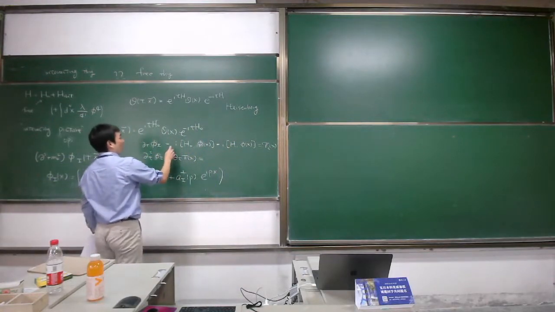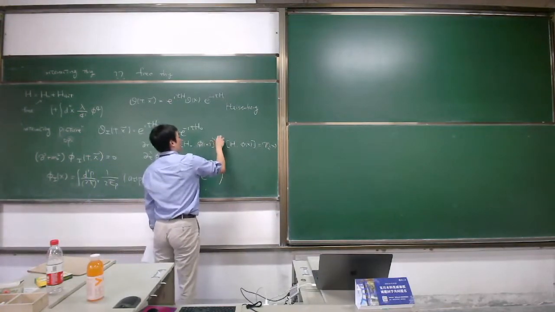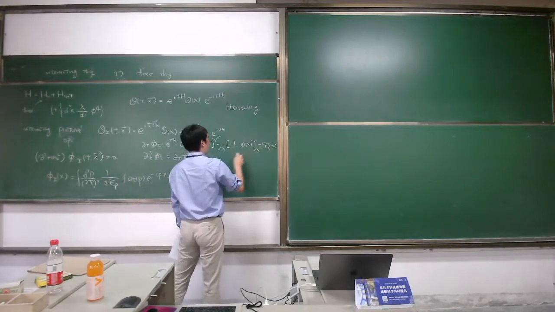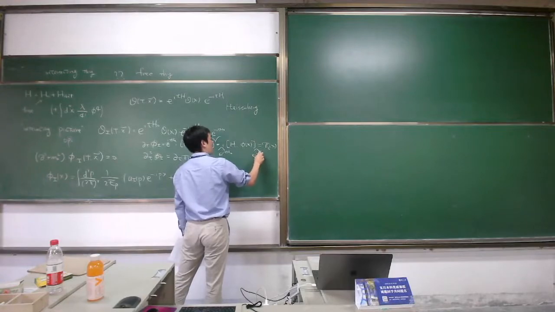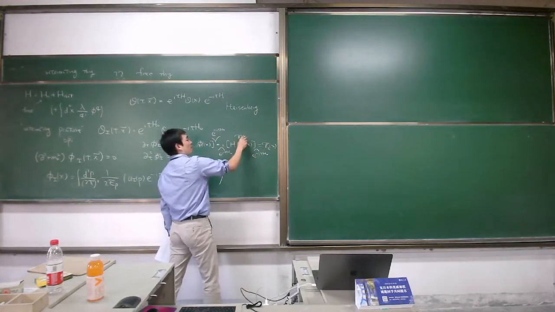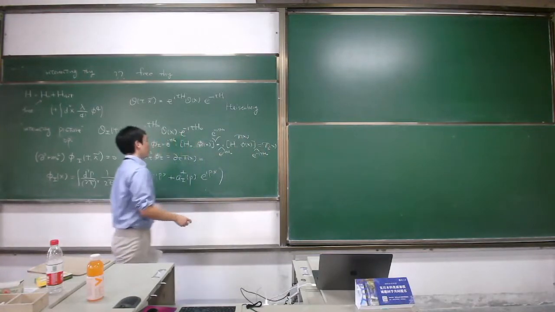I missed a lot of e to the i t H0 and e to the minus i t H0 factors, and you have to add e to the i t H0, e to the minus i t H0. So therefore this is phi of x, and if you sandwich by these, you get the interaction picture operator.